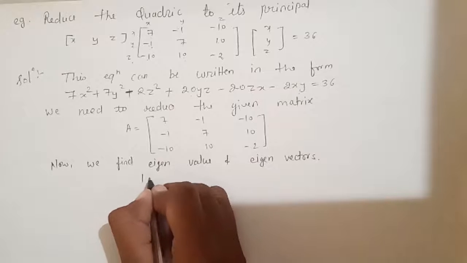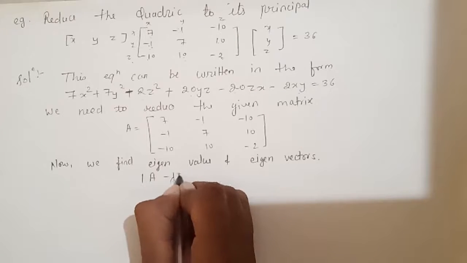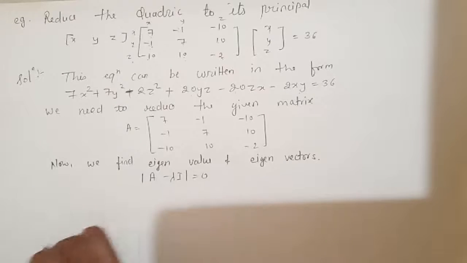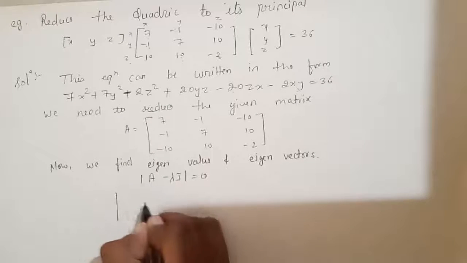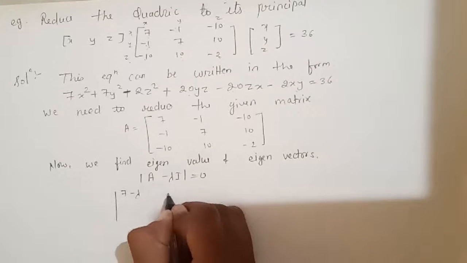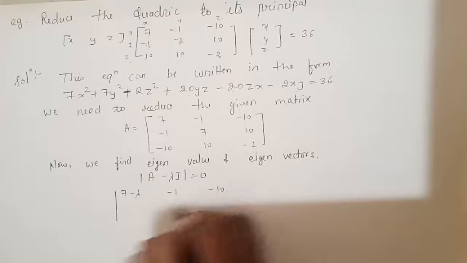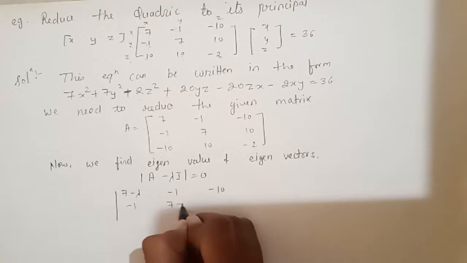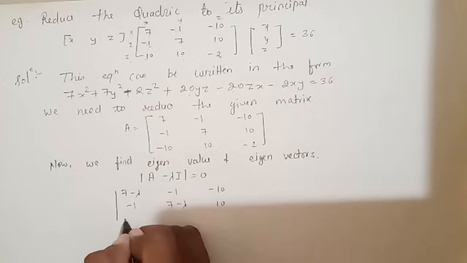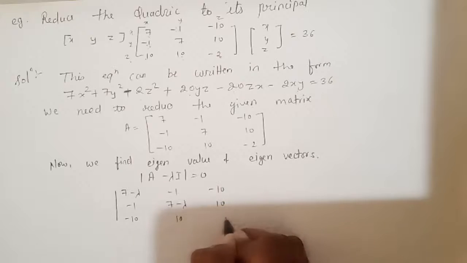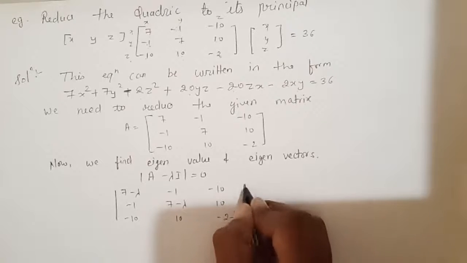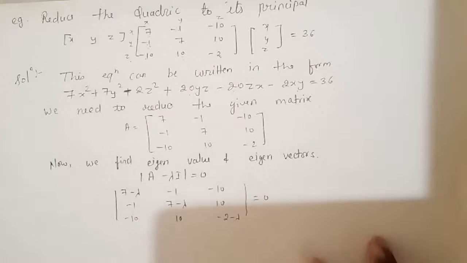For this we have the characteristic equation A minus lambda I is equal to 0. So we have the determinant of 7 minus lambda, minus 1, minus 10; minus 1, 7 minus lambda, 10; minus 10, 10, minus 2 minus lambda is equal to 0.